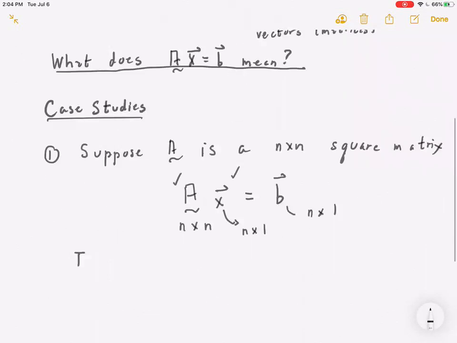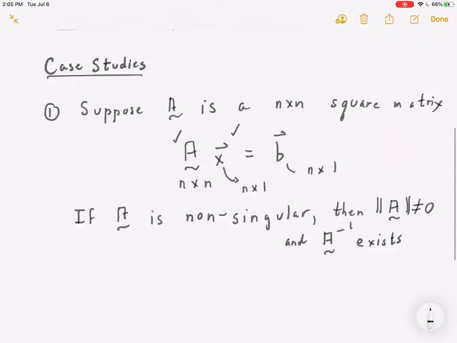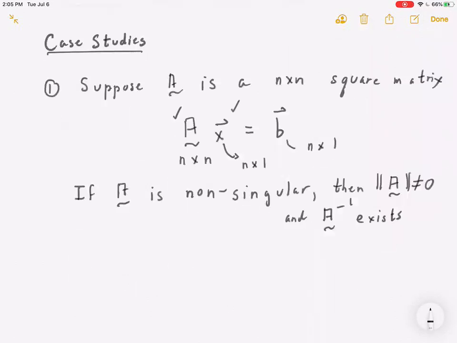So if the matrix A is non-singular, that means that its determinant is not 0. It also means that the inverse of this matrix A exists, and we've discussed that in previous lectures. So you can take the inverse of A and left multiply this equation.